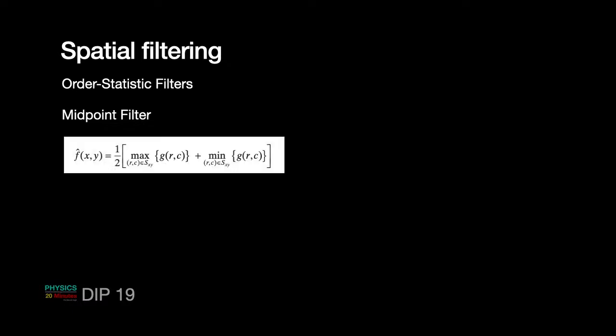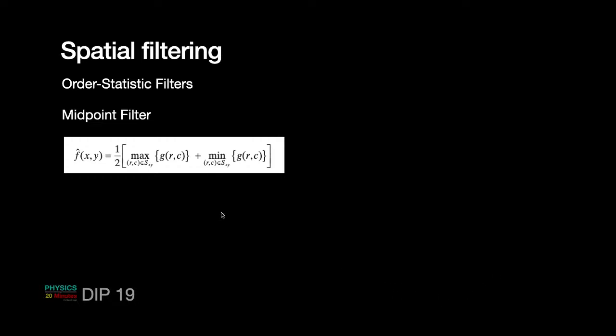Another order statistics filter is the midpoint filter. Midpoint filters are again very important, and they are like the median filter. You arrange them and take the middle value, but this is not the middle value from the order, it is the actual mid value.